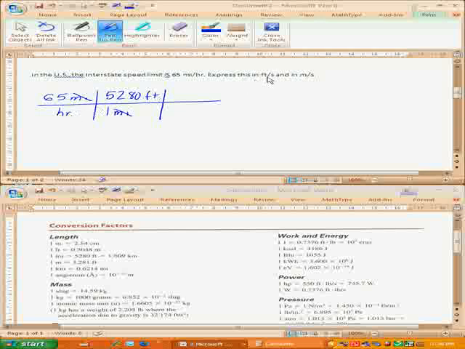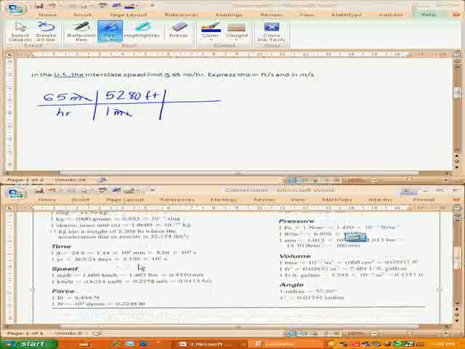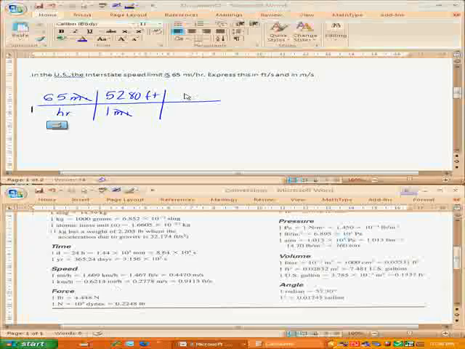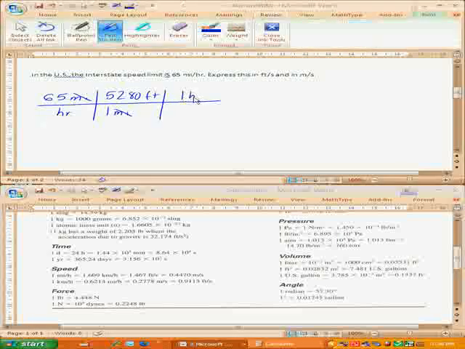But again, I don't want feet per hour, I want feet per second. And so I'm going to need to take the hours and convert that into seconds. If I look down at my chart here, I don't have anything with hours and seconds, but I could use the 24 hours equals 3.684 times 10 to the 4 seconds, or most of you know that in 1 hour there are 60 minutes.